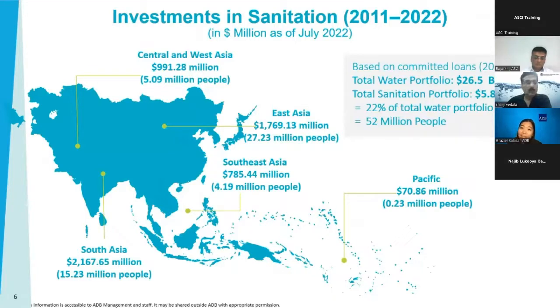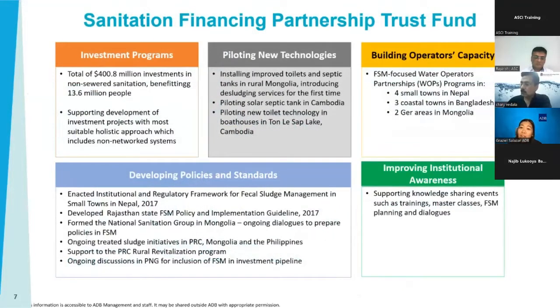Next slide, please. ADB also has a sanitation financing partnership trust fund, which is supported by the Bill and Melinda Gates Foundation. To date, this grant has triggered a total of around $400 million worth of investments in non-sewer or on-site sanitation alone, benefiting around 13.6 million people so far.